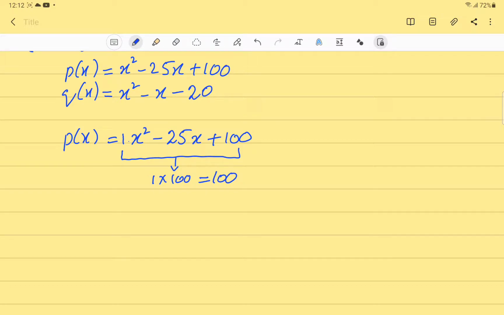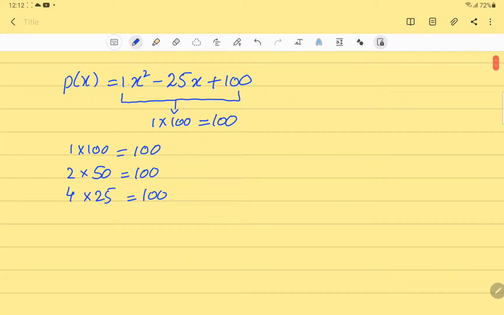Let us start. The first one is 1 into 100. Second is 2 into 50. Third is 4 into 25. And the fourth is 5 into 20.